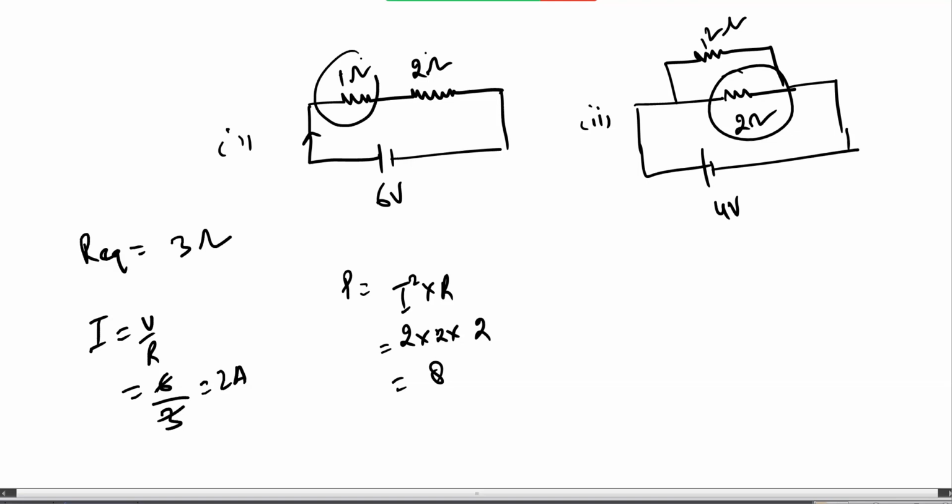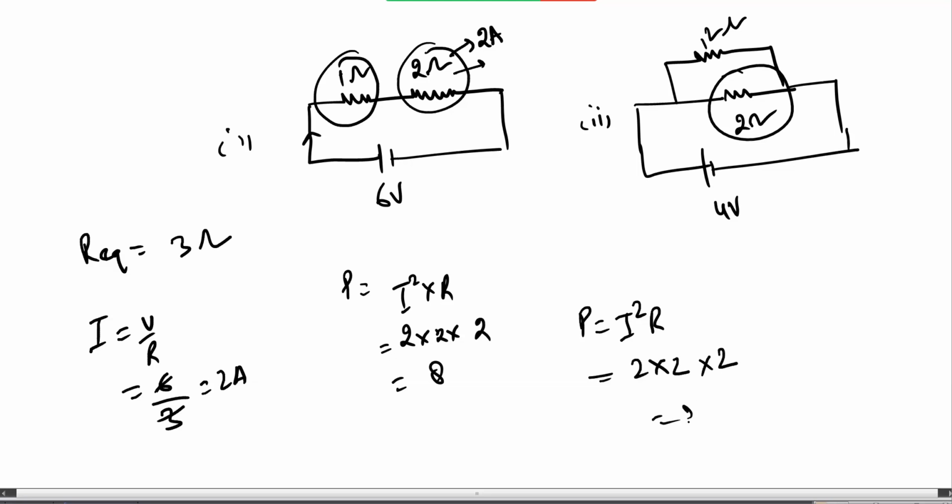The 2 ampere current is flowing in this one also and in this one also. If we calculate the power of this resistor only, we will use this one only. So P is equals to I square R. The total I is 2 and R is also 2. So that is 8 watt.